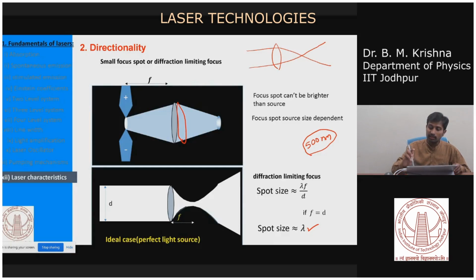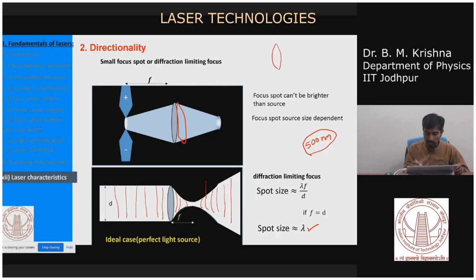When you focus the light, it always comes very close. This is your wavefront. When you study wave optics, these are plane waves, and when you try to focus them the wavefront becomes curved like this. After traveling large distances they again become plane waves, and near the focus they are also plane waves.